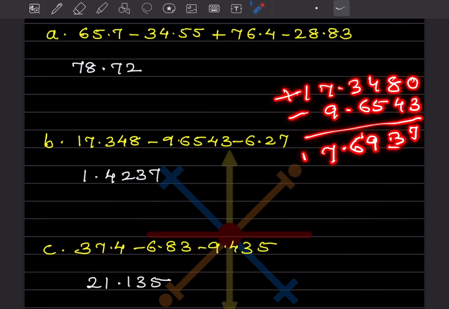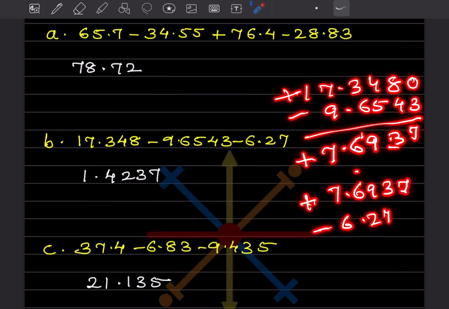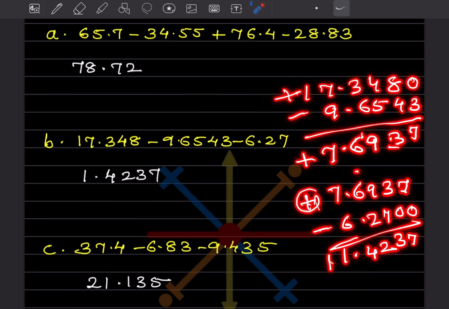So this will be 7.6937 minus, this is plus, so minus here will be 6.27. So you can put 2 zeros here. So that is going to be 1.4237. Always write the bigger number side, that is plus, but we don't usually write plus. So that will be 1.4237. So this is the answer.